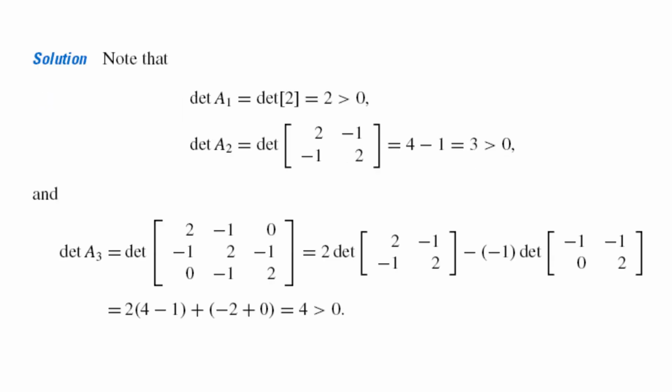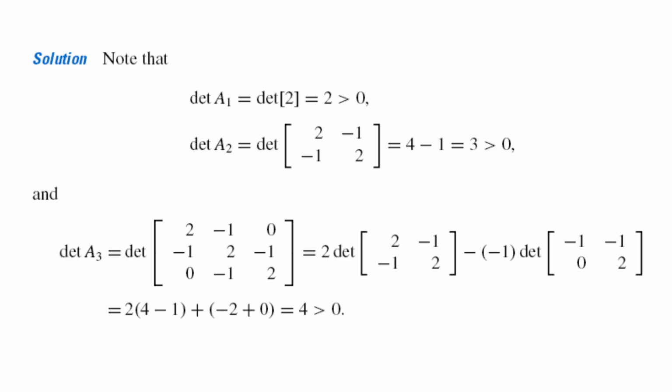The determinant of A1 is the determinant of one entry, which is 2, and greater than 0. For A2, you will calculate the determinant of this matrix, which is 3, and again it is greater than 0.